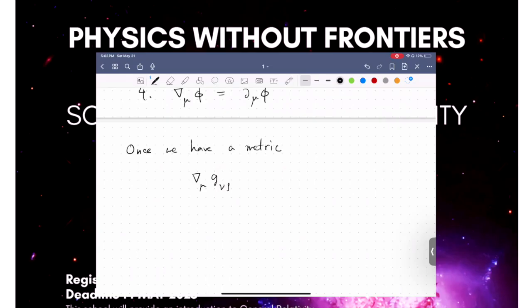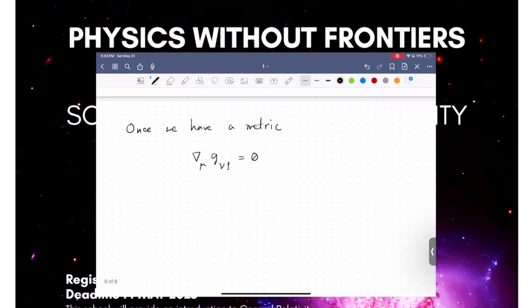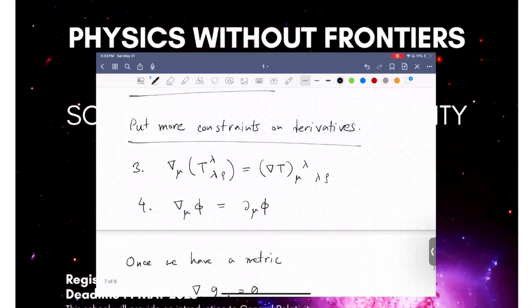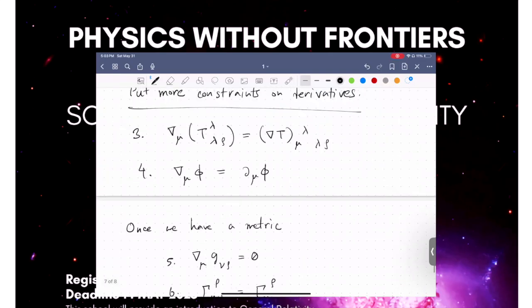We will want the metric to be covariantly constant, and we will want our Christoffel symbol to be symmetric under these two indices.